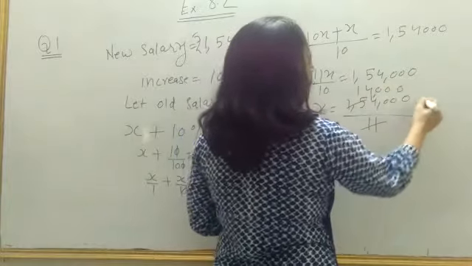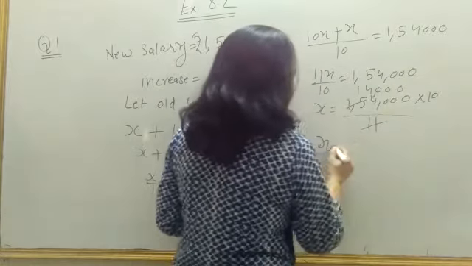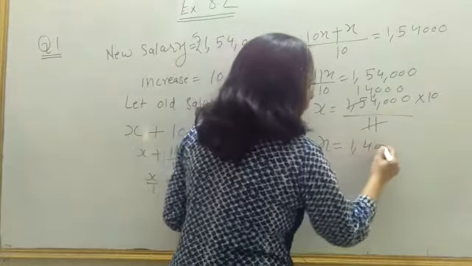So X is equal to 1,40,000. So the old salary was rupees 1,40,000. Clear?